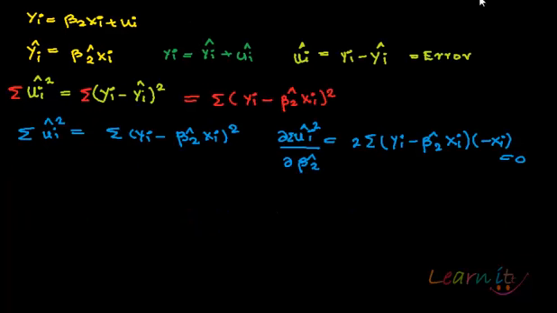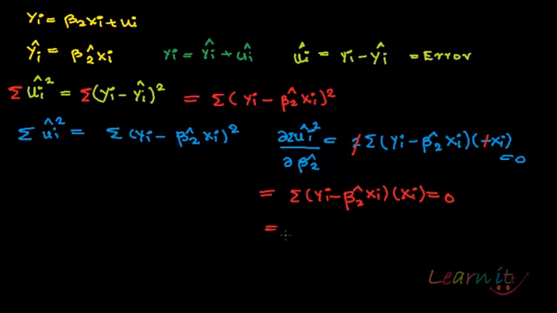Since it is equal to 0, this 2 and this minus will go off, and you can simplify this term as summation of (yi minus beta 2 hat xi) into xi equals 0. Because this 2 and this minus 1, when they go to the other side of 0, they'll be 0.